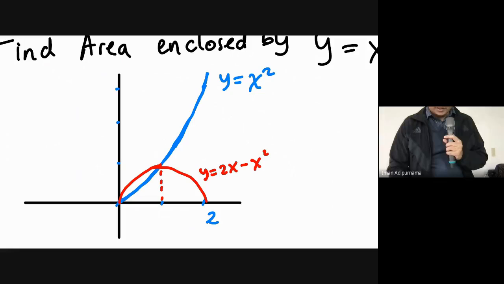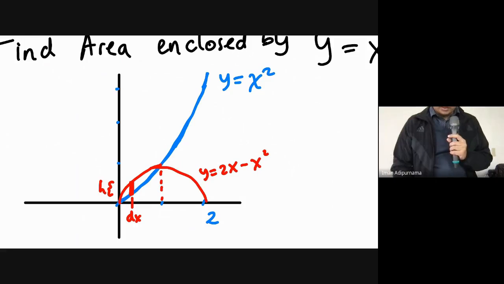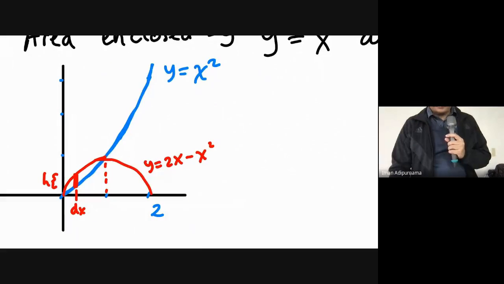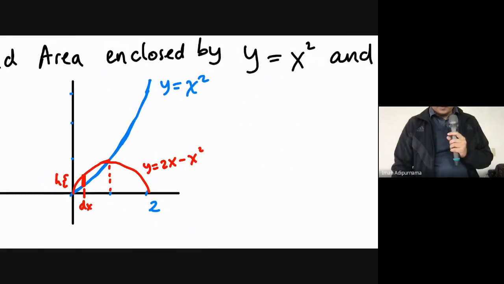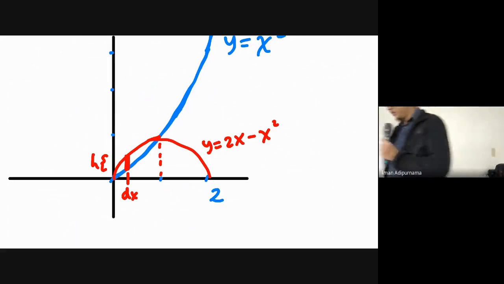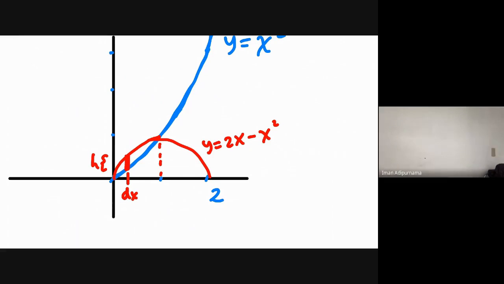So the area is inside here. If I draw this as dx, and this is the height, then you can see the area is between the red curve and the blue, right?